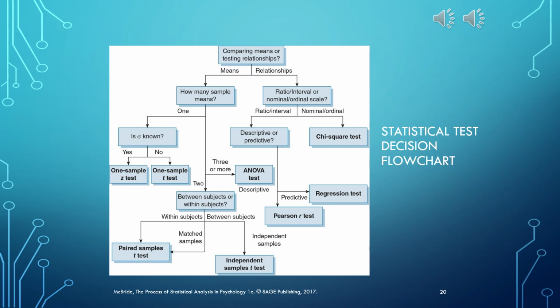In our case, we're going to be calculating the test statistic for a one sample z-test, which you can see all the way kind of on the left-hand side. If we have one sample and we're comparing it to a previously known population distribution, or really it's the distribution of means distribution, and if we know the population standard deviation, then we're going to be using this one sample z-test. So let's see what that actually looks like.